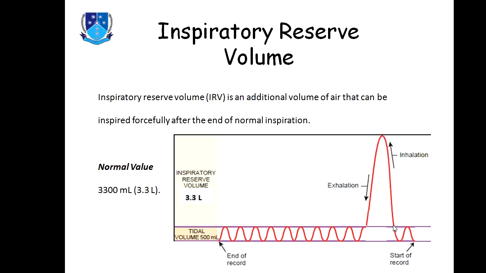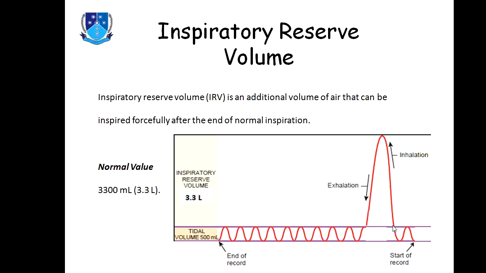This is the volume of air which comes after the tidal volume, which can be inhaled forcefully after the tidal volume. That is called inspiratory reserve volume, and that is roughly 3.3 liters in volume, or 3300 milliliters, in a normal adult.